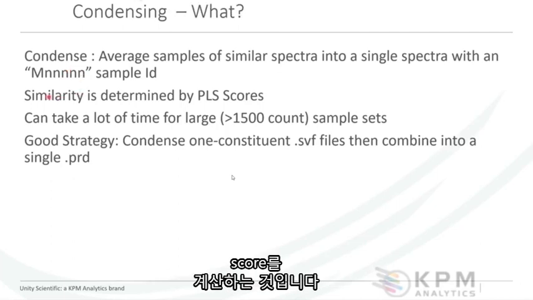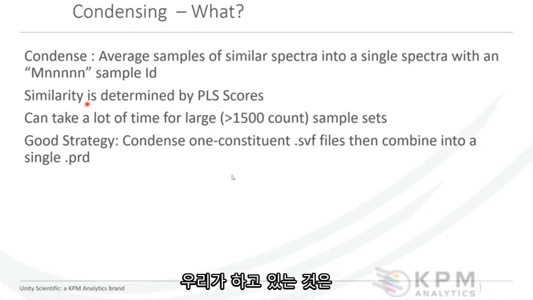The way that we do this is we calculate PLS scores. And based on those PLS scores, we find unique samples, or we actually calculate unique samples that are a compromise or a condensation of very near samples.